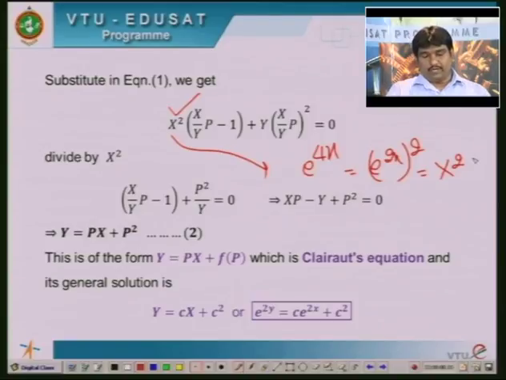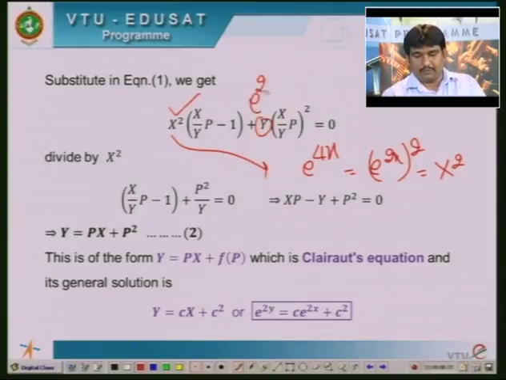This is x by y into p. There is a small p term, x by y into p minus 1 plus y. This is corresponding to the term e to the power of 2y into small p square. Small p is x by y into capital P. Small p square equals to 0.